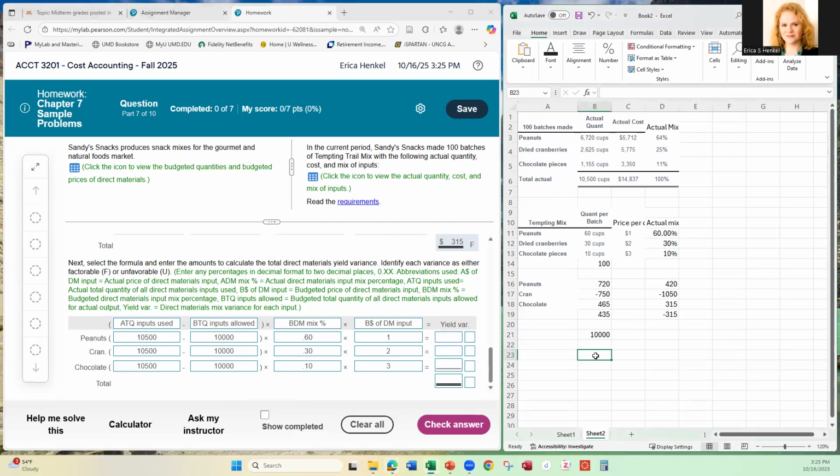So we're gonna say 10,500 minus 10,000. All right, let's just do that math here. So that's a 500 difference here. It's gonna be the same for all three of these. So we're gonna take 500 times 0.6 times 1, and 500 times 0.3 times 2, and 500 times 0.1 times 3.